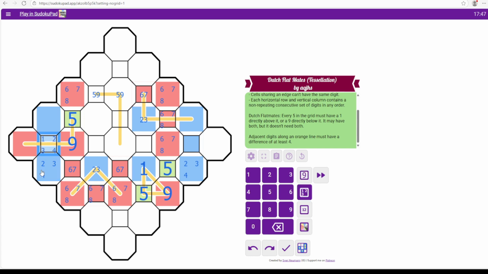That could be 2, 1, 2, 3, or 4. That could be anything. So that could be, it could be a 5, I guess. 5, 6, 7, or 8. But no, I don't think 5 can go in there.